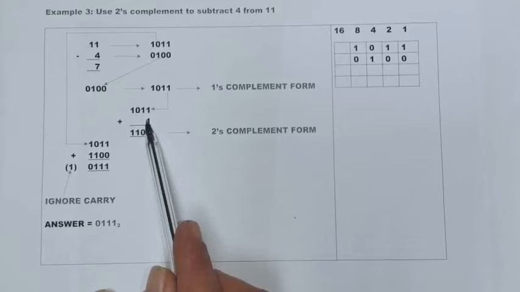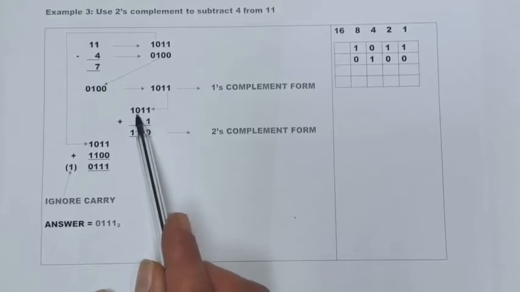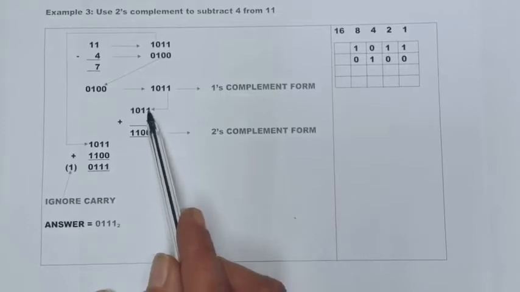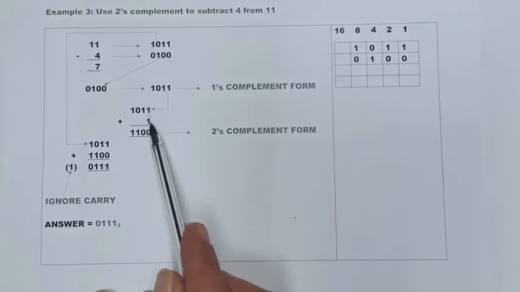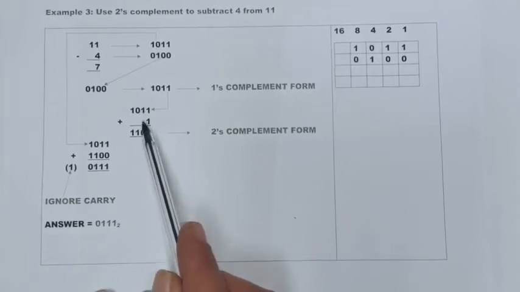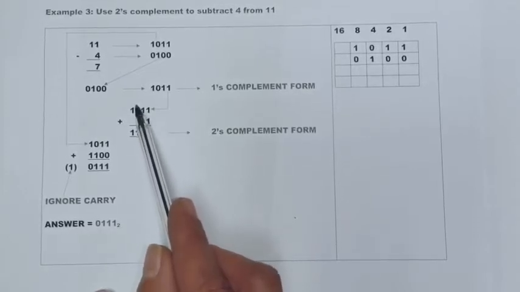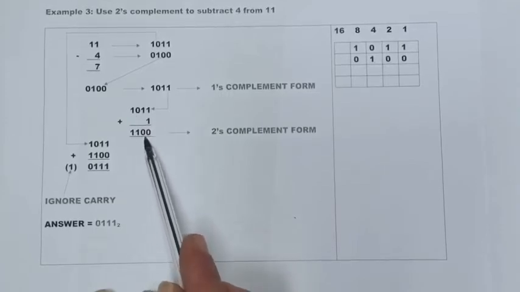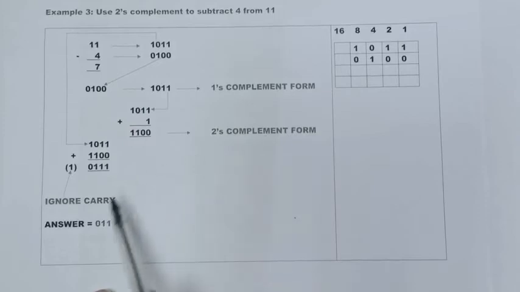The reason why you're adding a 1 is because you want to get the 1's complement number to its 2's complement. If we do that, 1 plus 1 is 0 with a carry of 1. 1 plus 1 is 0 with a carry of 1. 1 plus 0 is 1, and 1 plus 0 is 1. Then that will be the 2's complement for that specific number.